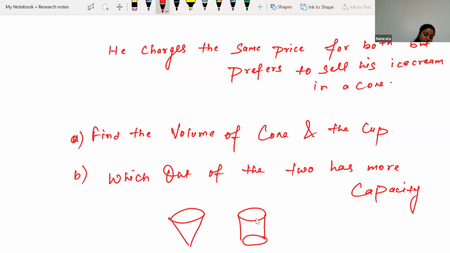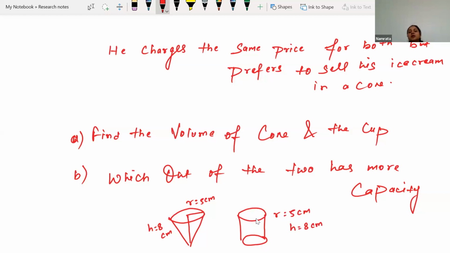Let me write radius 5 centimeter, height 8 centimeter. Here radius 5 centimeter, height 8 centimeter.